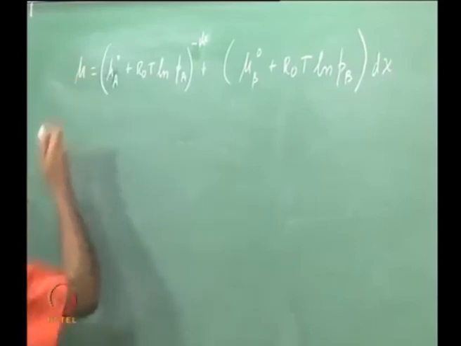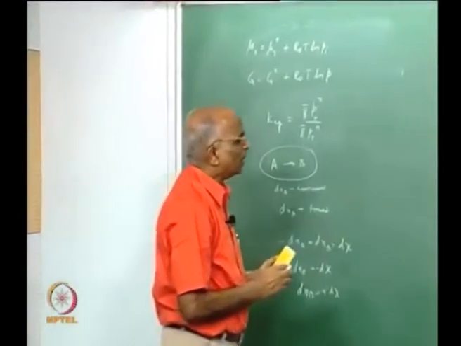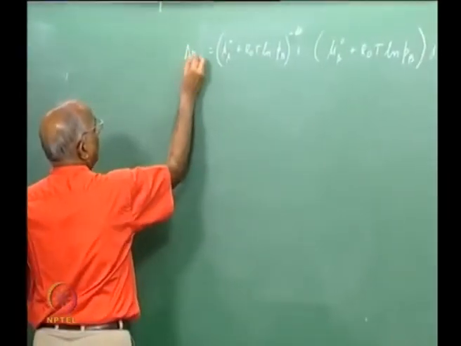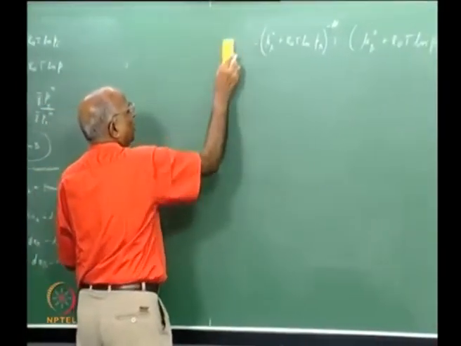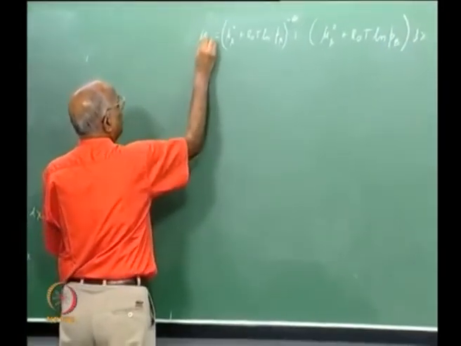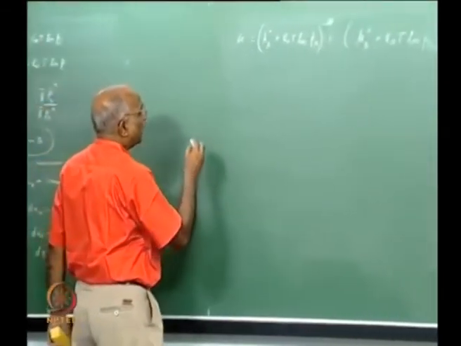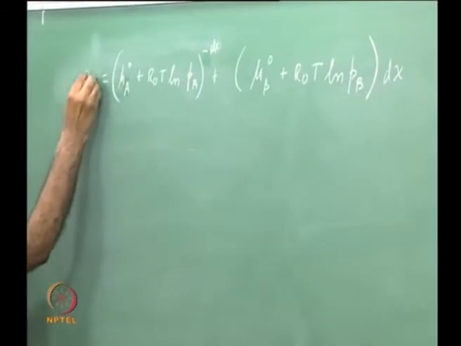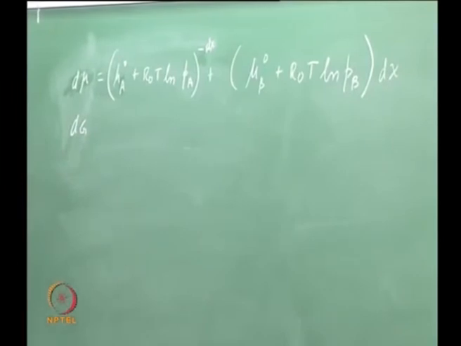That is the net change in chemical potential which is taking place, or rather this should have been the change in the Gibbs free energy. Let us just say I can write mu in this particular form, and this is the change d mu, which is the same as the change in Gibbs free energy dG.